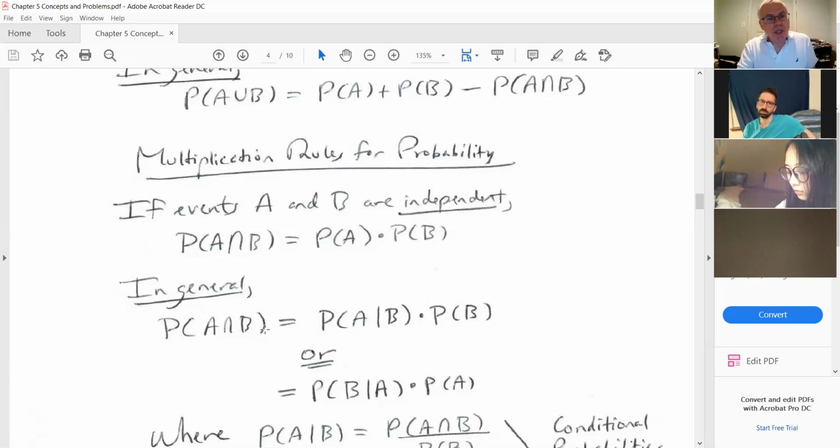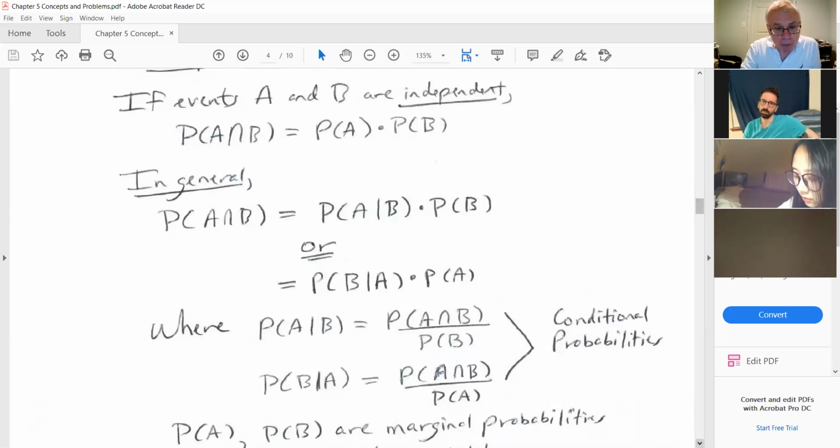So the way to write this is the probability of A and B occurring together can be written in one of two ways. It's the probability of A given the event B. So basically, the probability of A now is changed based on B, times the probability of B. Or if we were looking at the probability of B given A has occurred, this is B given A, and we multiply it by the probability of A. Now, we'll get into this in a few minutes.